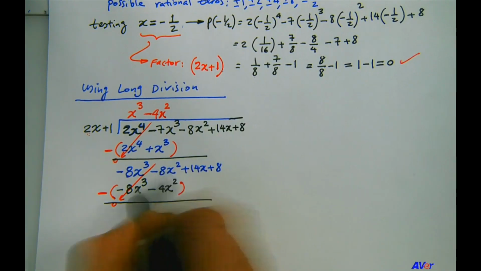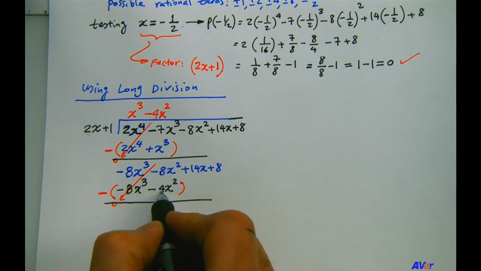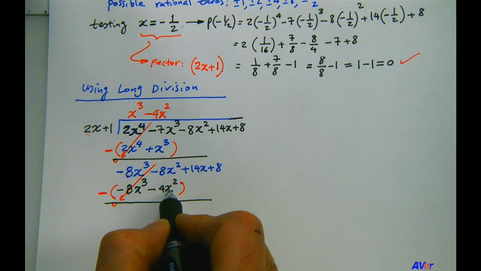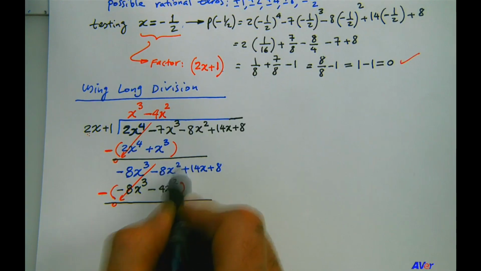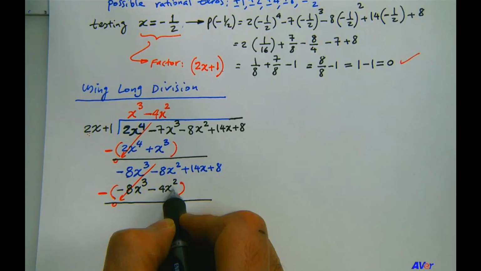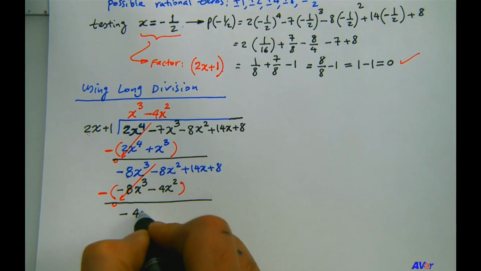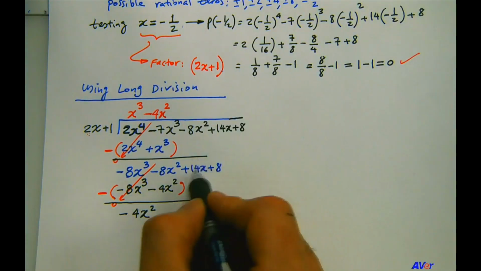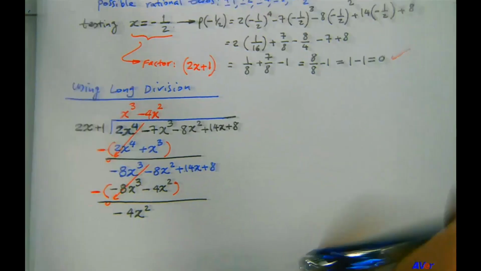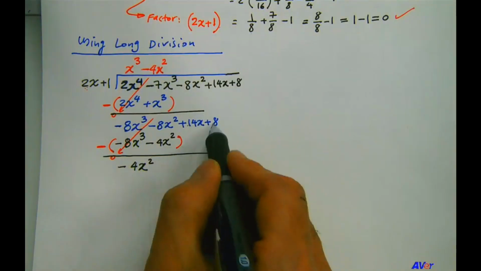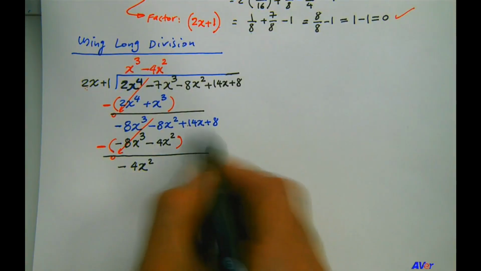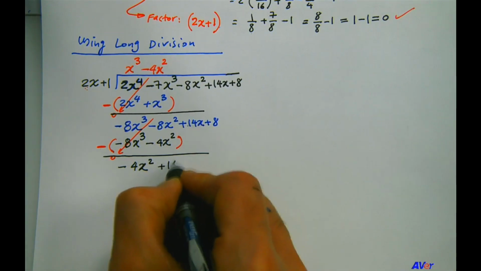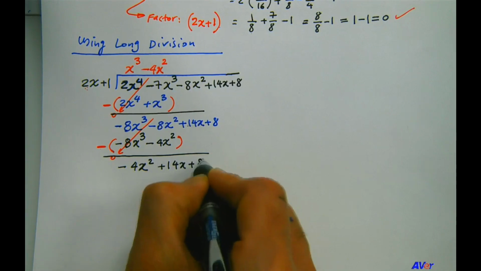Minus 8x squared, minus minus 4x squared, this minus will make it positive 4x squared. Minus 8x squared plus 4x squared will be minus 4x squared. Then the 14x and positive 8 don't have any x term or constant here to subtract from them, so we write these as they are: plus 14x plus 8.